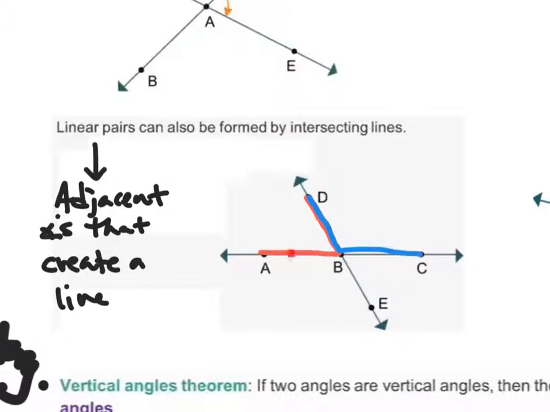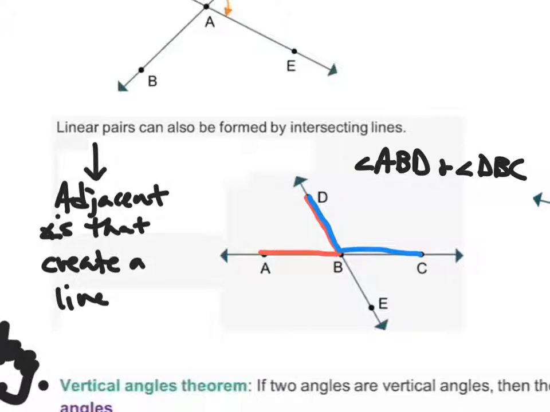So that's what we have, adjacent angles that create a line. So one pair of a linear pair would be angle ABD and angle DBC.